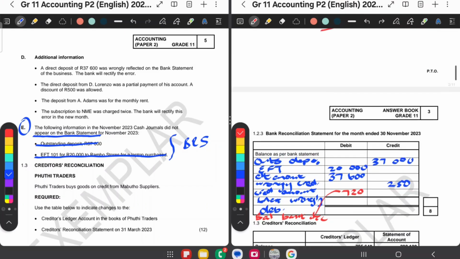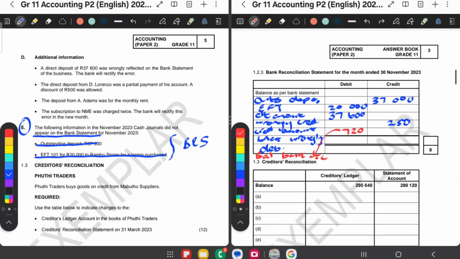So we are going to now total everything. So what I'm going to do in my BRS, in my bank recon, I'm going to add all of these amounts up under the debit column. And then I'm going to add up all the amounts under my credit column, and I'm going to look which one is bigger. Now, if you add them up, you'll see this one is bigger. And that one gives me 58,320.